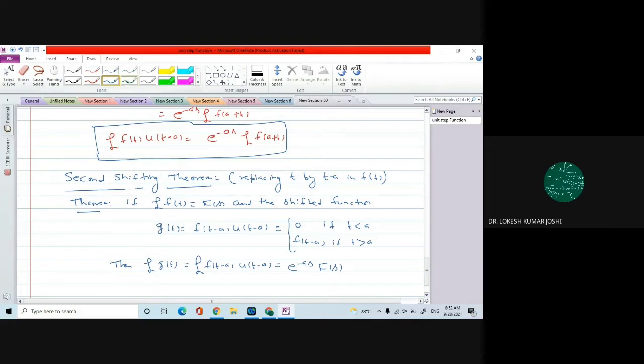We have seen the proof of this particular theorem in the second last case. Let me show you.